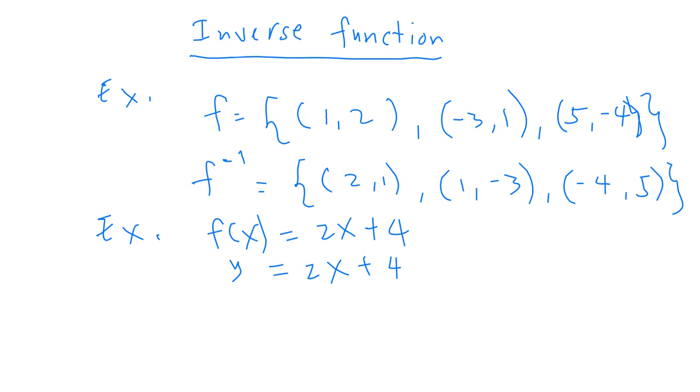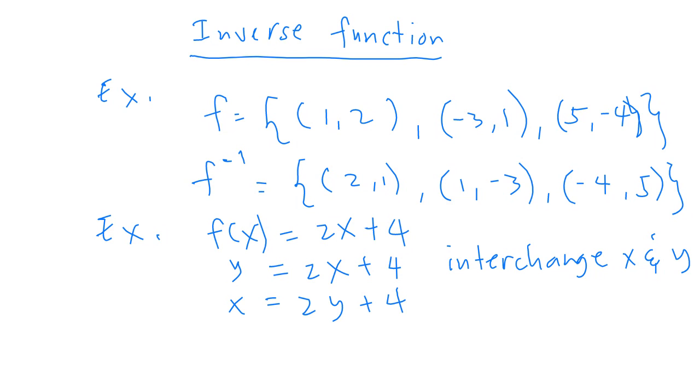The first step is interchanging our x and y. Instead of writing your y here, you put x. Then instead of x here, you have y. And then you solve for your y.